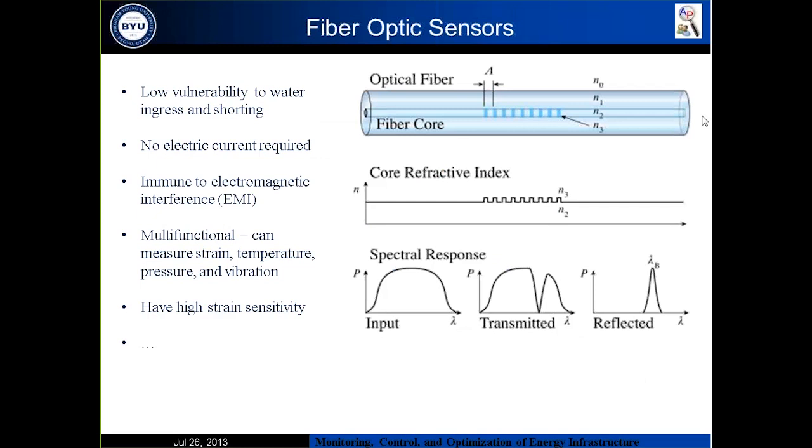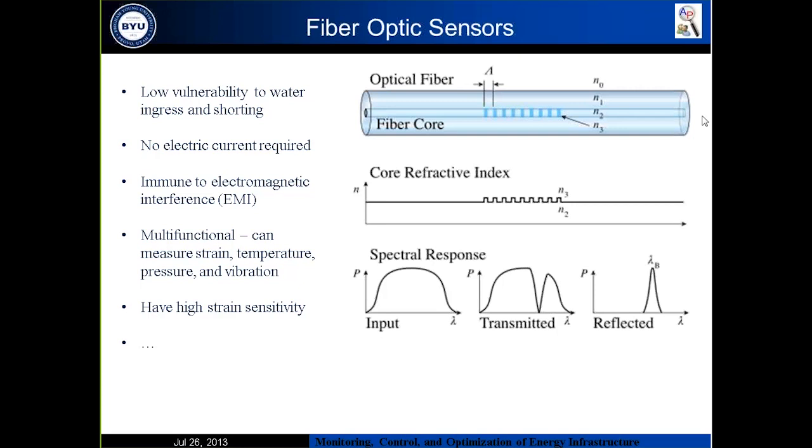When they send the wavelengths through the fiber core, it has reflective indexes that vary over the length, because of the germanium doping. Because of this feature, when they send the wavelengths, some of it gets reflected. And as the temperature or the strain value changes, the wavelength of this wave changes.